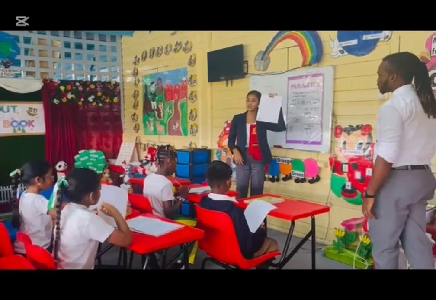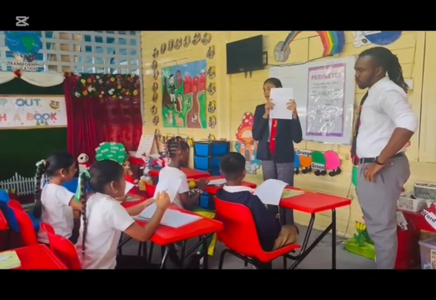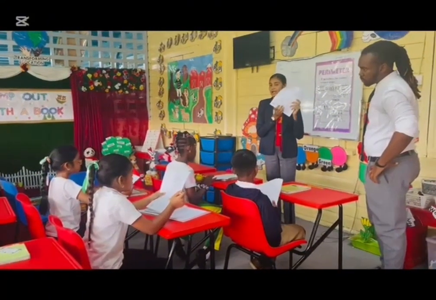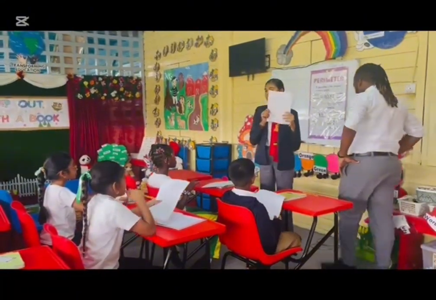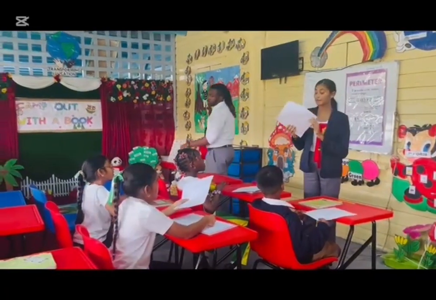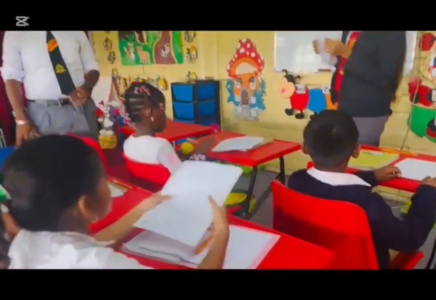So what's the first thing you're gonna do? You're gonna look at the measurements of the shapes. And what else? After we look at the measurements, what are we gonna do? We're gonna find the perimeter using the what? Using the formula. Good.